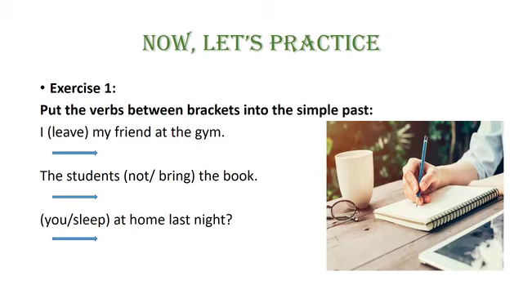Yes, you have affirmative form. So I leave, you have to go back to the chart if you like and give me the simple past form of leave. Yes, good. You got it. I left. The simple past of leave is the verb left. I left my friend at the gym.